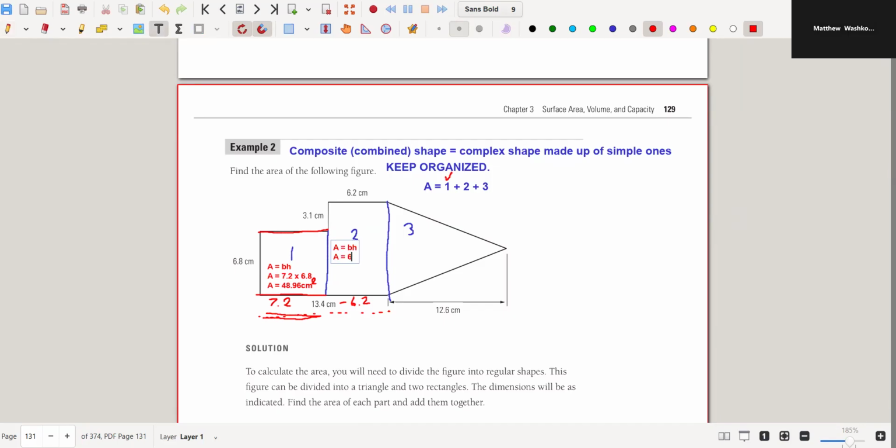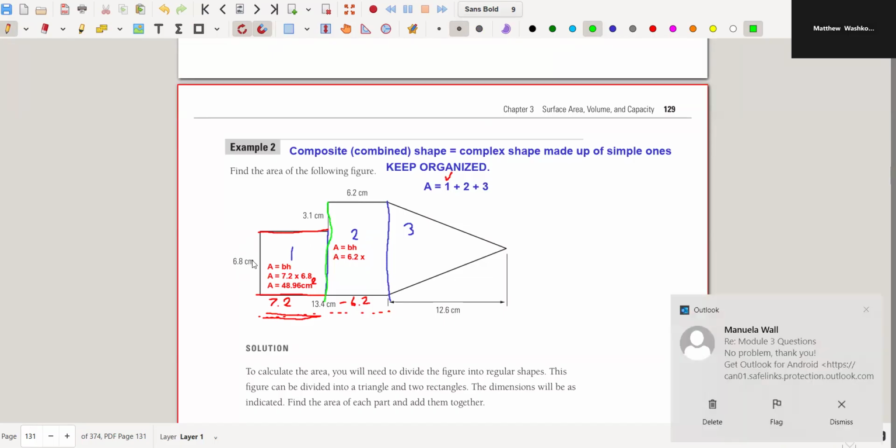My base in this case, we know it already, is 6.2. My height is, crap, what's my height? Well, green line here. Your height, no, no, no, keep that red. Green line here is this, right? Well, I don't know the full measurement of that, but I do know that this part is 6.8, and I know that this part is 3.1. 6.8 plus 3.1, 9.9.